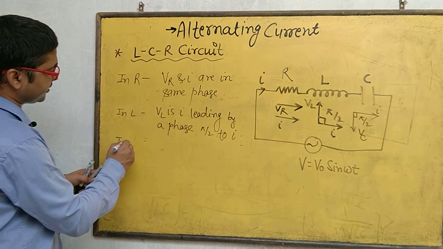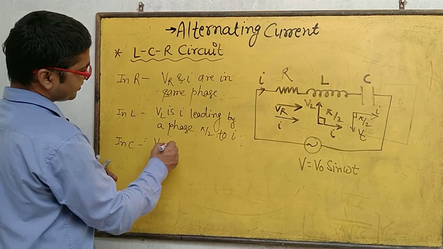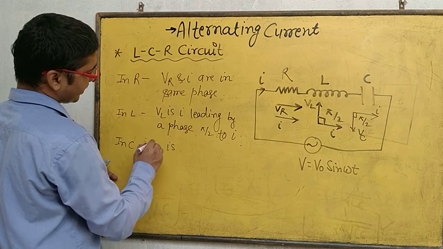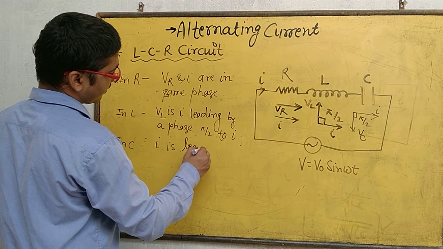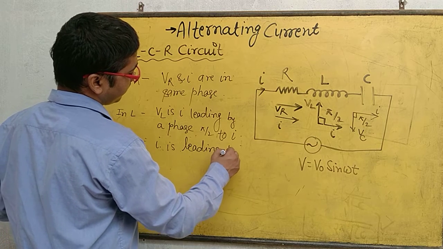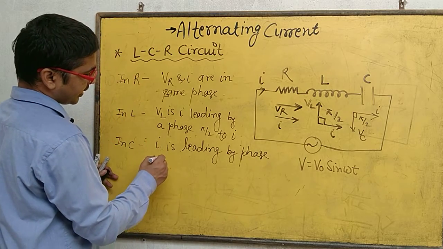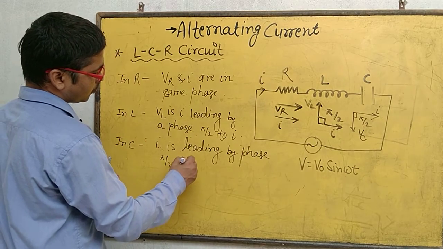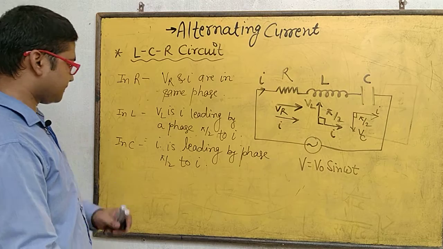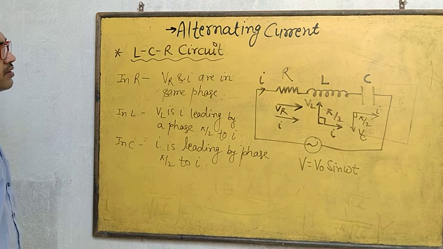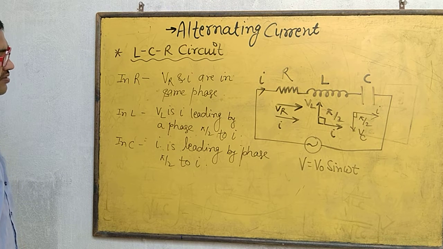And in C, VC is lagging, or you can say in C, I is leading by phase pi by 2 to current I. So these are the phases along the individual elements of this circuit.